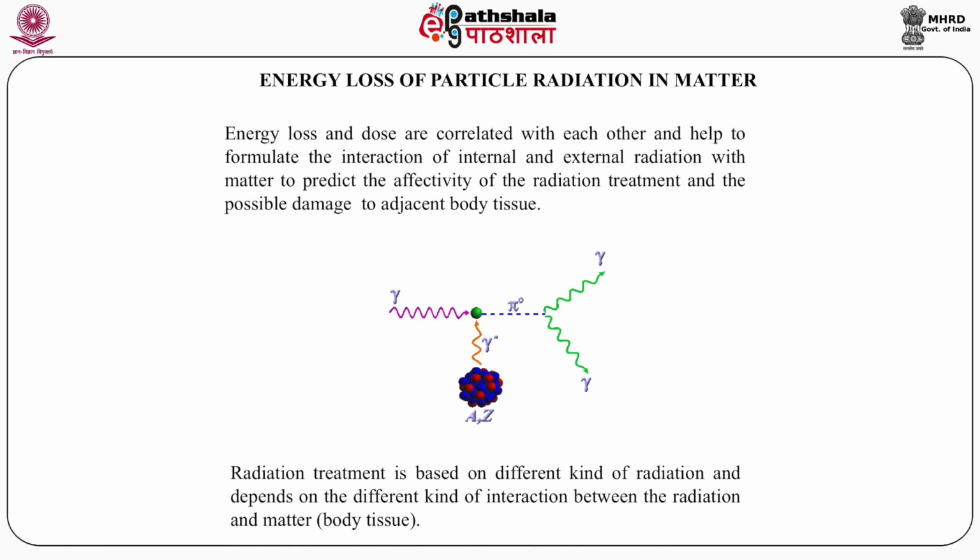The figure shows how photons interact with the material. Radiation treatment is based on different kinds of radiation and depends on the different kinds of interaction between the radiation and the matter, that is body tissues.